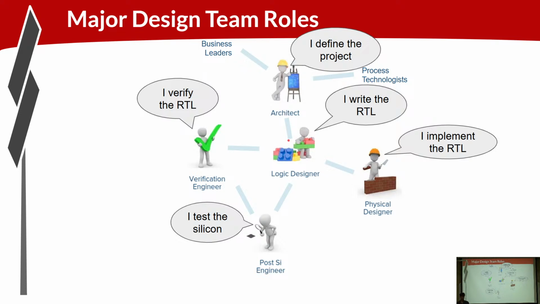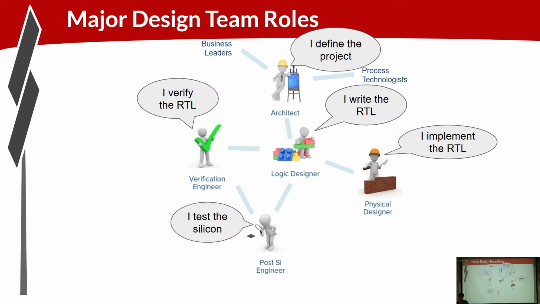The architects work with the logic designers who are responsible for implementing the RTL, right? So basically, the architect sits between the business leaders, helping to define what the project is, meeting business objectives, and connects that with the lower levels.